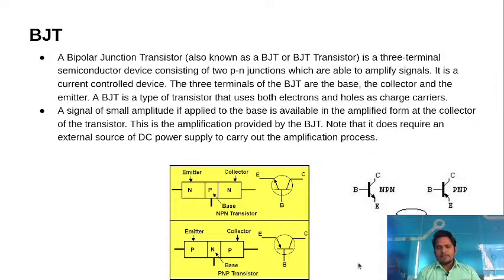The three terminals of the BJT are the base, collector and emitter. A BJT is a type of transistor that uses both electrons and holes as charge carriers. Again, there are two types in BJT, NPN and PNP. In an NPN transistor the majority carriers are electrons, and in a PNP transistor the majority carriers are holes.